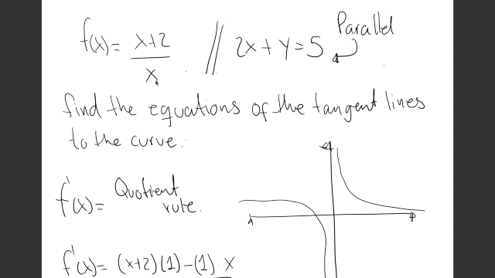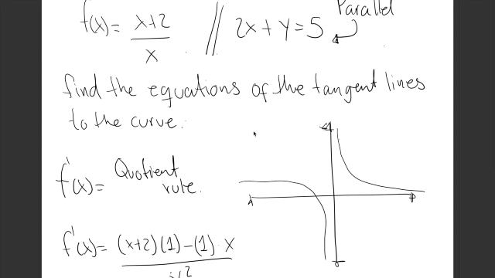The problem says that we're going to find the equations of the tangent lines to the curve that are parallel to this particular one. It's the same wording that you will find in problem number one in the assignment.